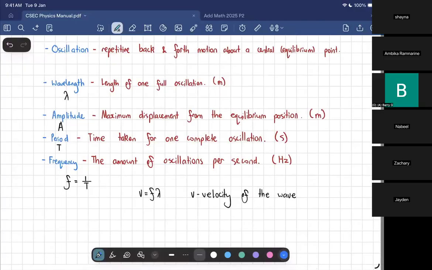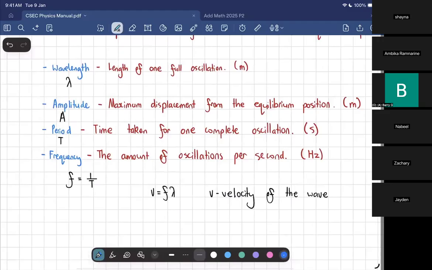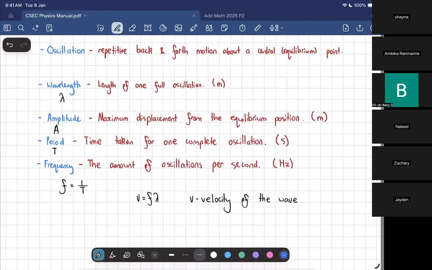And the main types of graphs you'll need to familiarize yourself with: a displacement, and displacement is measured in meters.